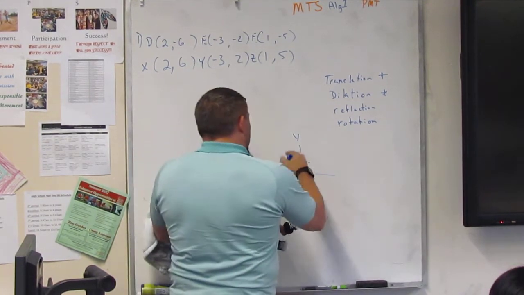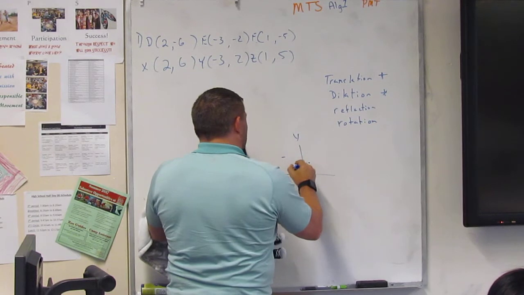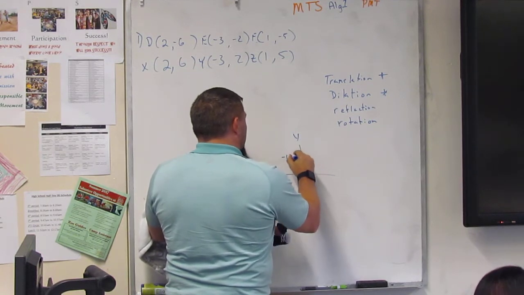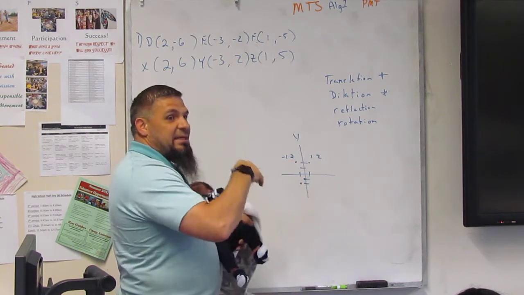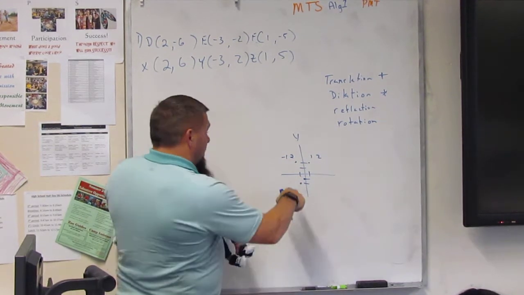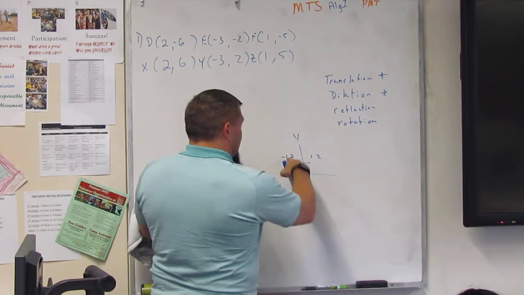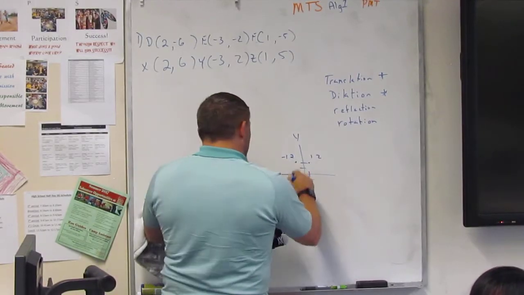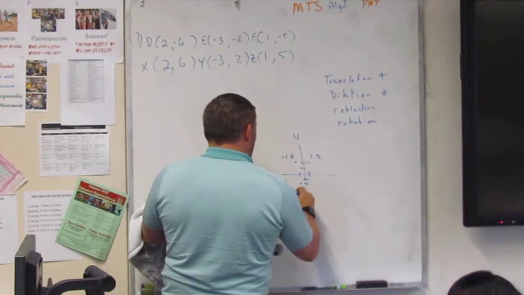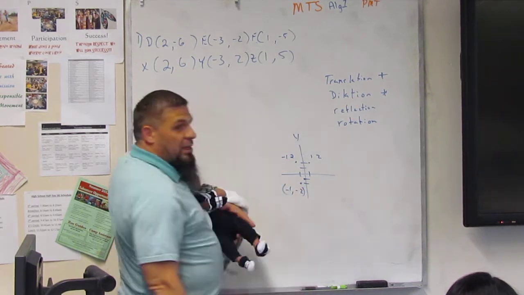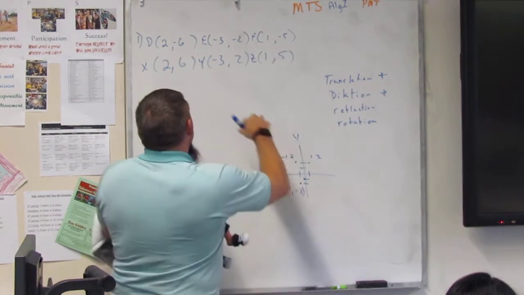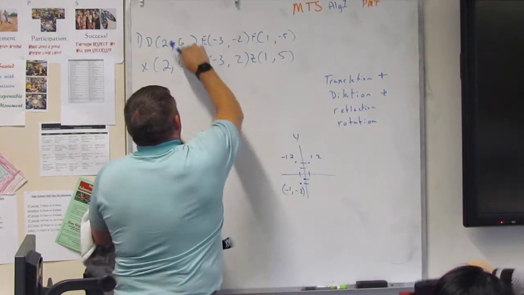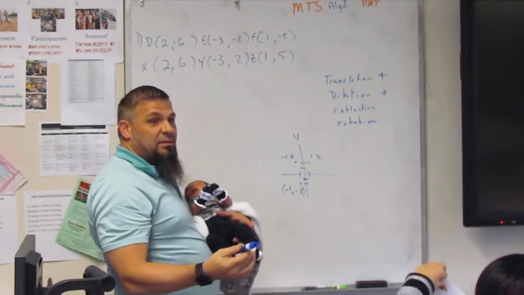So in this case, we take a look at this, negative 1, 2 or 1, 2, right? What happens is the x's change. But what happens here is that the y's change, right? And so that tells us if it's a reflection. So we look at this and we go, did the y's change or did the x's change?